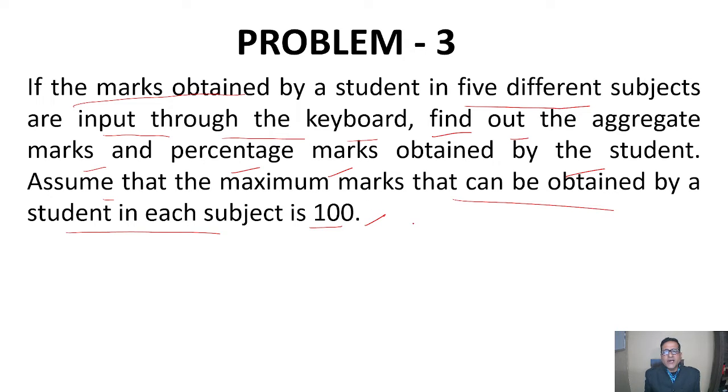He is saying that there are 5 subjects, like first, second, third, fourth and fifth. So we have to enter these marks. These are the subjects, and marks can be from 100, so it should be from 0 to 100.